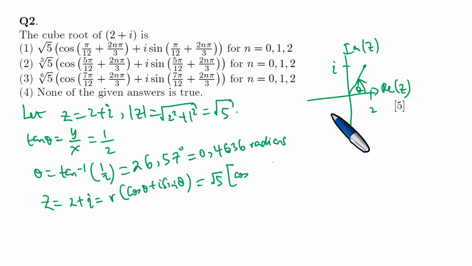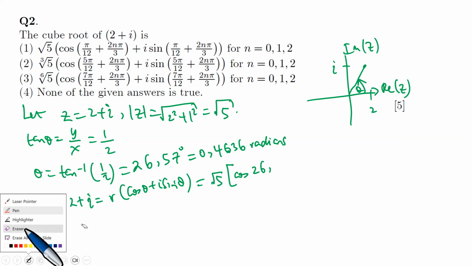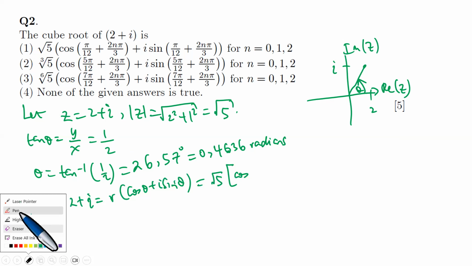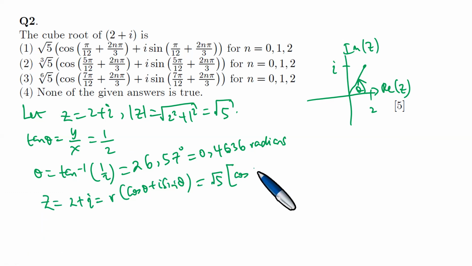Cosine theta. Theta is actually 26 degrees, but it's a decimal, so the best would be to use radians, though you can use degrees as well. The radians would be 0.4636.